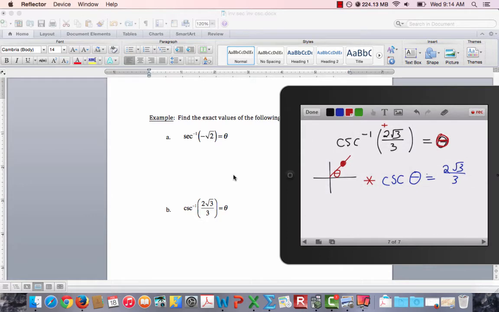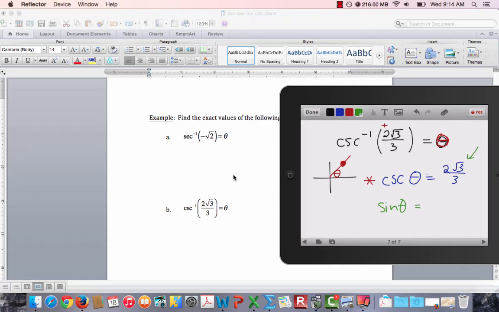So from regular cosecant, if regular cosecant is 2 radical 3 over 3, we could express this in terms of sine by reciprocating this ratio here. I refer to this as a ratio because it's describing the ratio between the sides of a reference triangle.